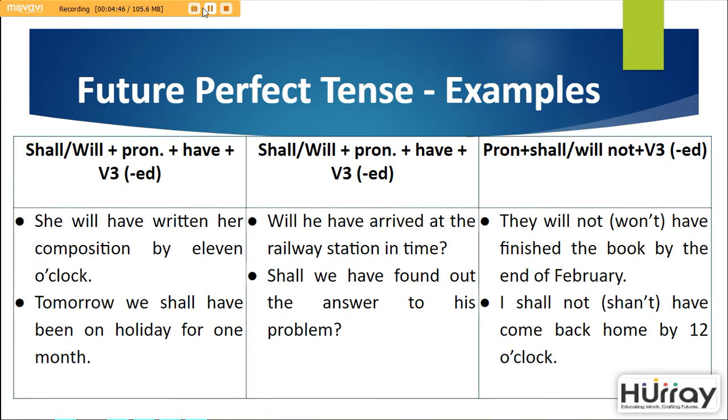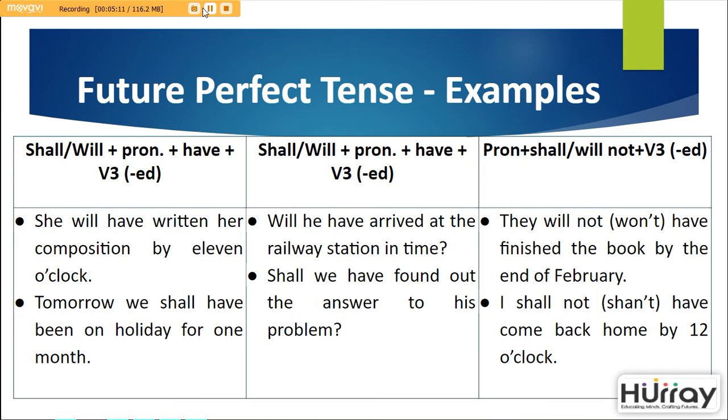The future perfect tense is as follows. The first example is shall or will plus pronoun plus have plus verb ed. She is one of your pronouns that is used at the beginning. Will have indicates the next verb.